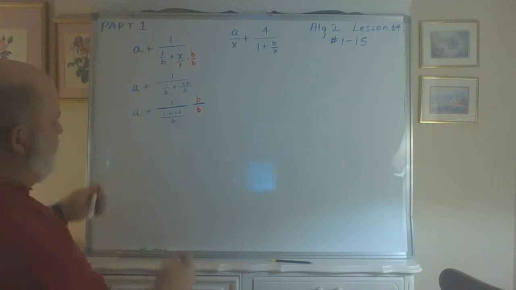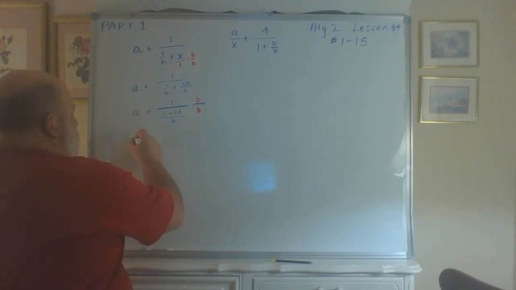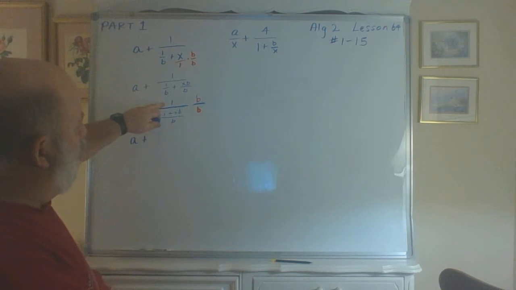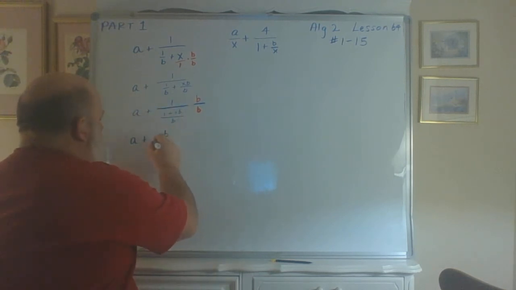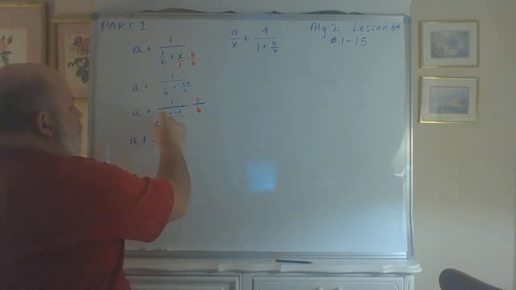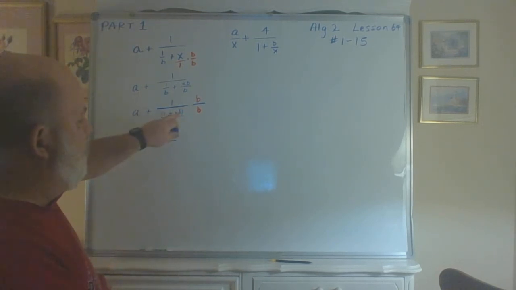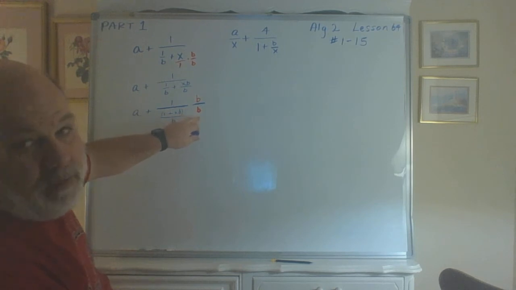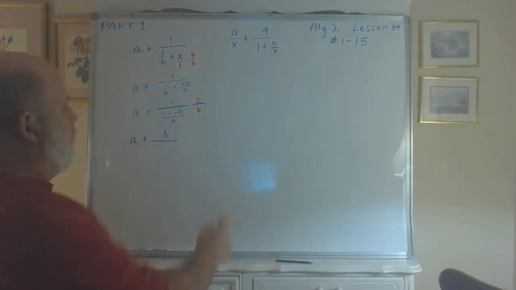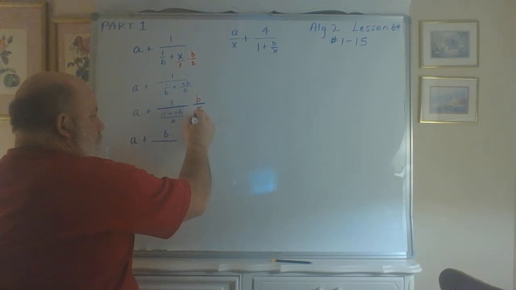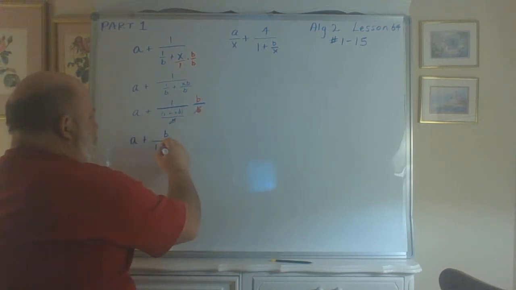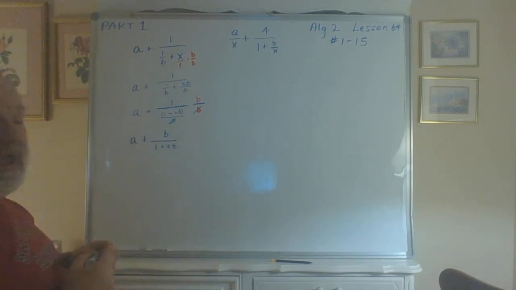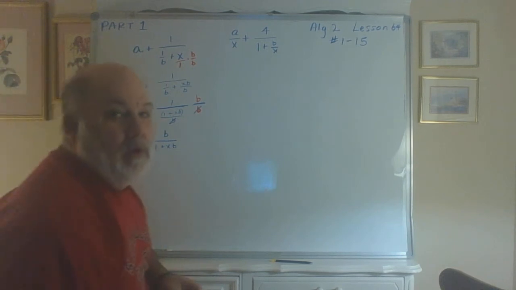Again, nothing happens to this letter a. But up here, I've got 1 times b, which is b. Down here, I've got 1 plus xb times the red b all over the blue b. This red b and that blue b cancel, and I've just got 1 plus xb. Technically, you could stop there.